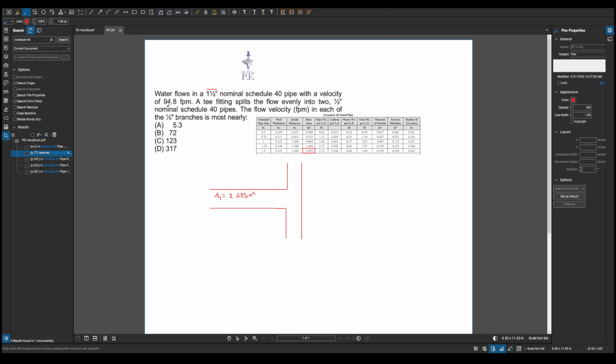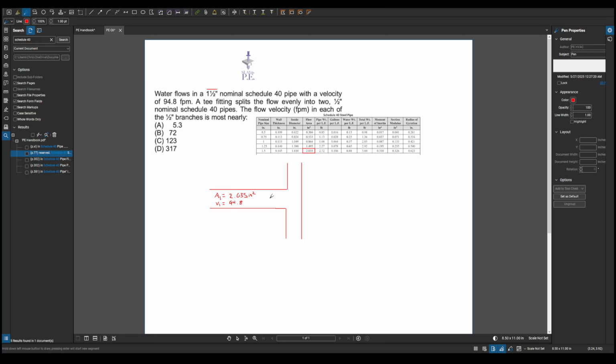And it gives us the velocity at 94.8 feet per minute. So V1 equals 94.8. And before we go any further, this really is just a conservation of mass.